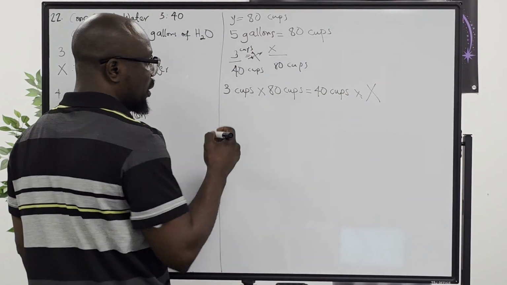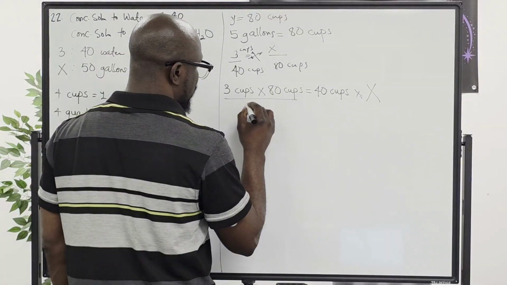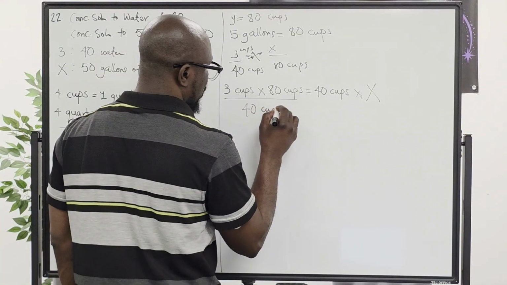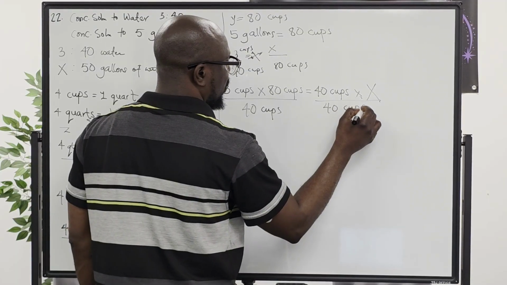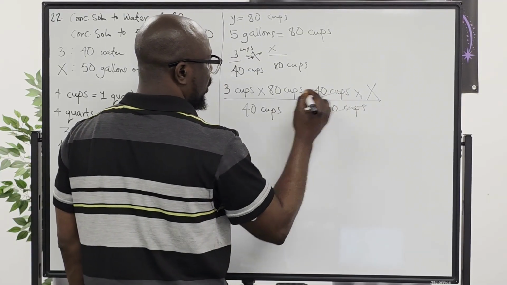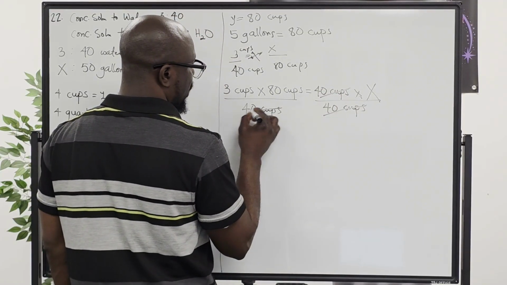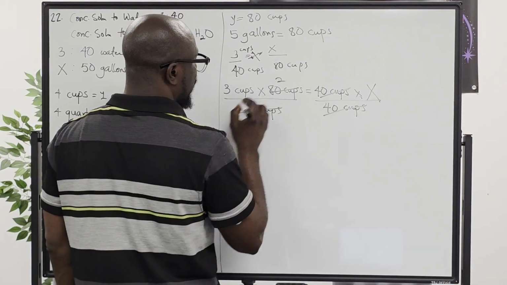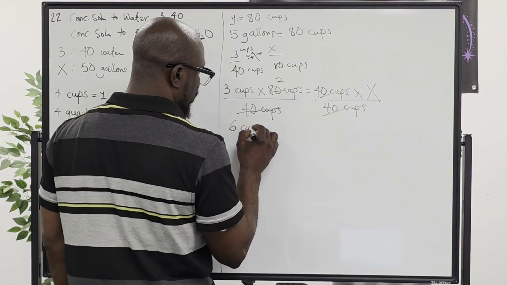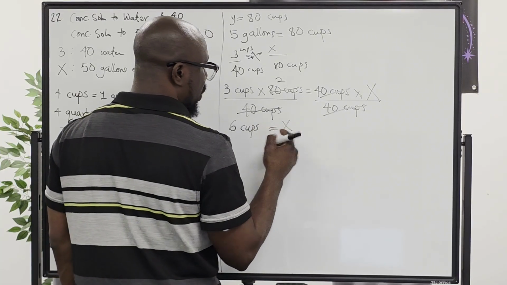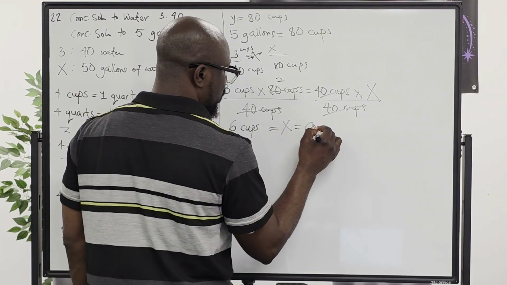So we'll divide both sides by 40 cups. So this cancels out and this cancels out. That gives us 2. 3 times 2 is 6. So we have 6 cups. And that will be the value of the concentrated solution.